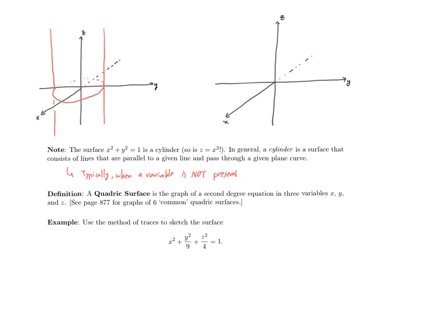So if you look at all lines going through this parallel to the z-axis, you get that cylinder that wraps around the z-axis. And similarly, and I know it might seem like a strange example, if you consider z equals x squared, if you look in the y equals 0 plane, so in this zx plane kind of coming out of the screen at us, z equals x squared is just a standard parabola opening up around that z-axis.